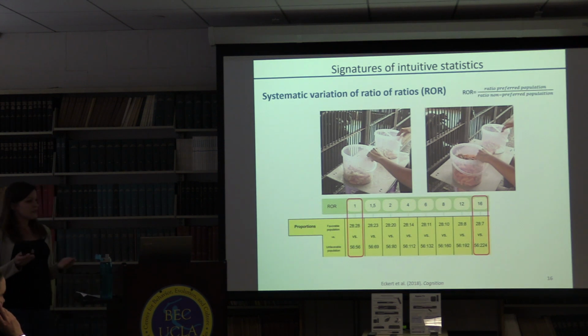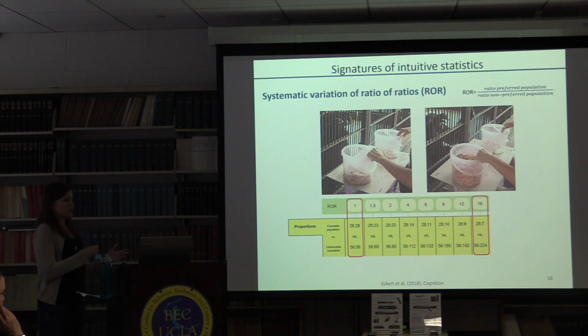However, there's also an alternative way for how chimps could succeed in this study without necessarily relying on statistical inference. And maybe this becomes a bit apparent when you look at the picture. I hope you can see that a bit. So theoretically, it's possible that the chimps succeed not by relying on statistical inference, but simply by avoiding the sample coming from the population with absolutely more pieces of carrots.